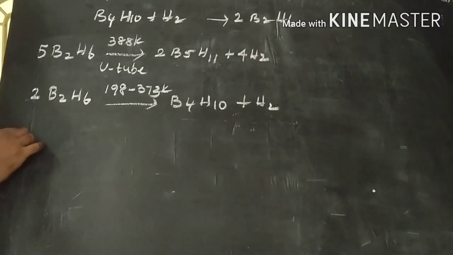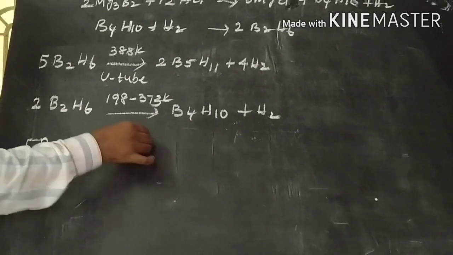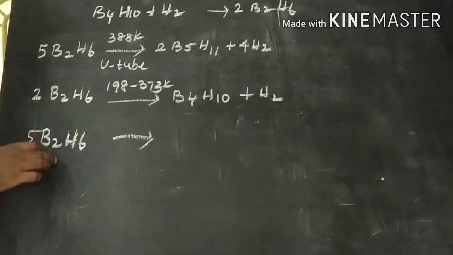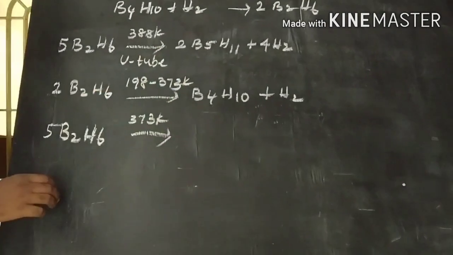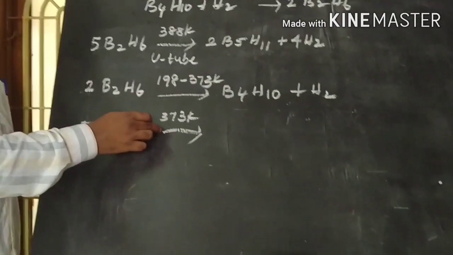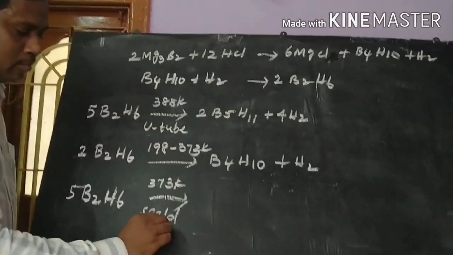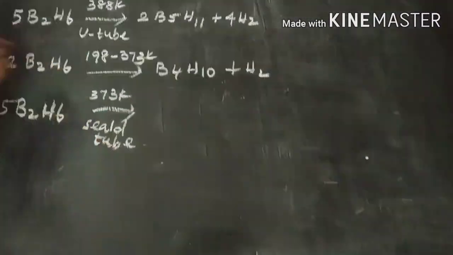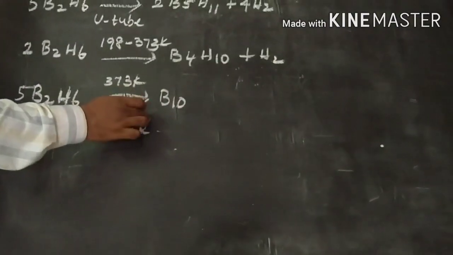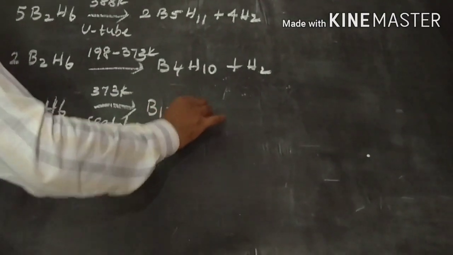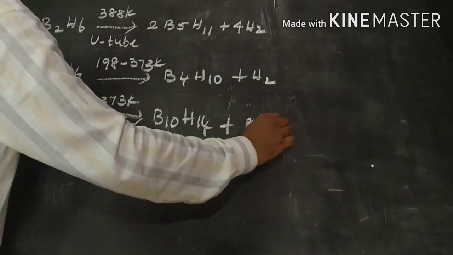Again, 5 moles of B2H6, that is diborane, at temperature 373 Kelvin in a sealed tube gives B10H14 plus 8H2.